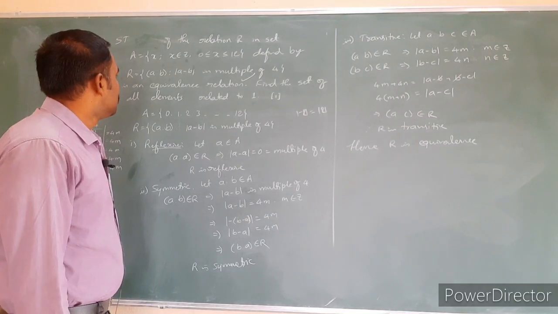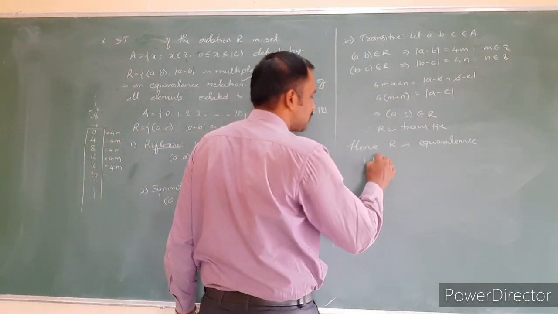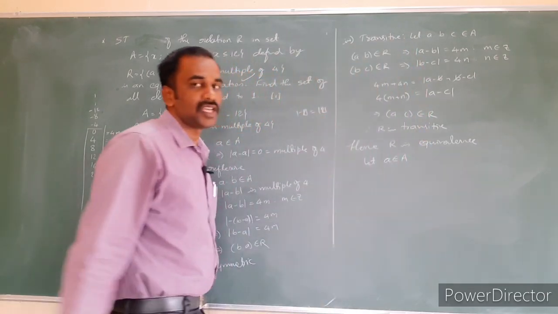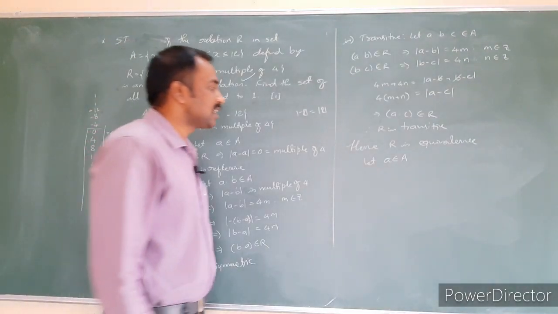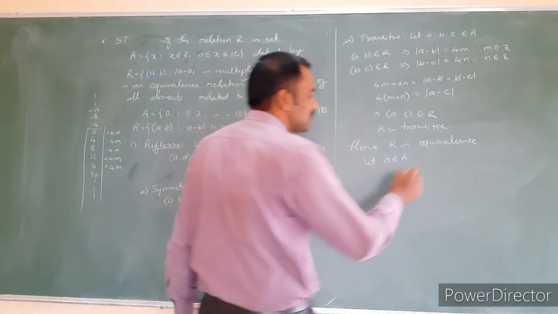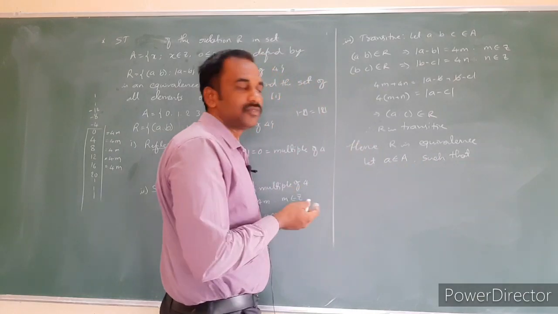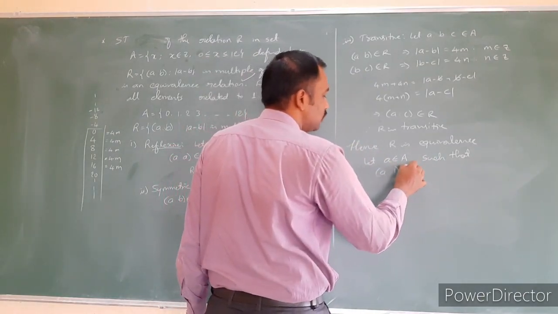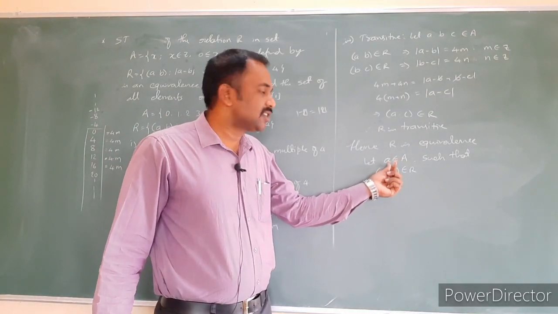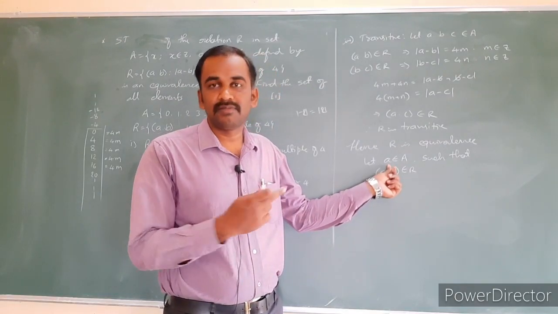Already we have the equivalence relation. Now I consider, let a be any element belonging to the given set A, such that this element is related to 1, that is, (a, 1) belongs to the given relation R. I need to find the possible values of this a.